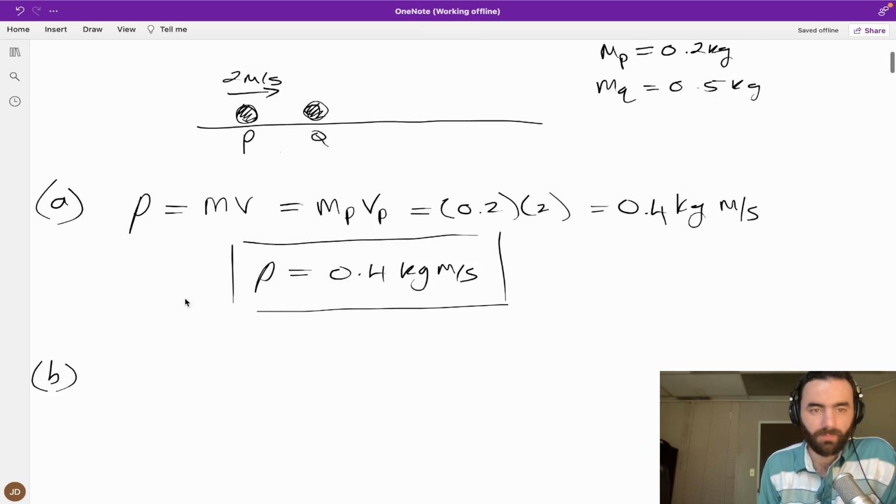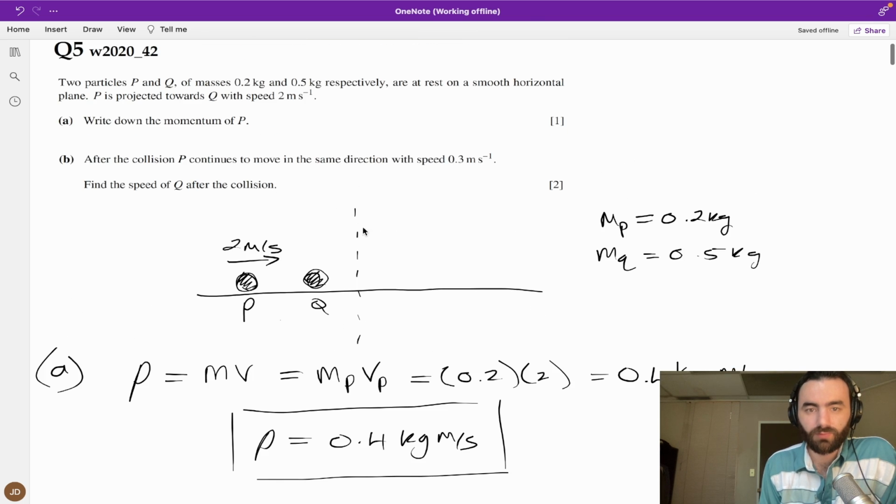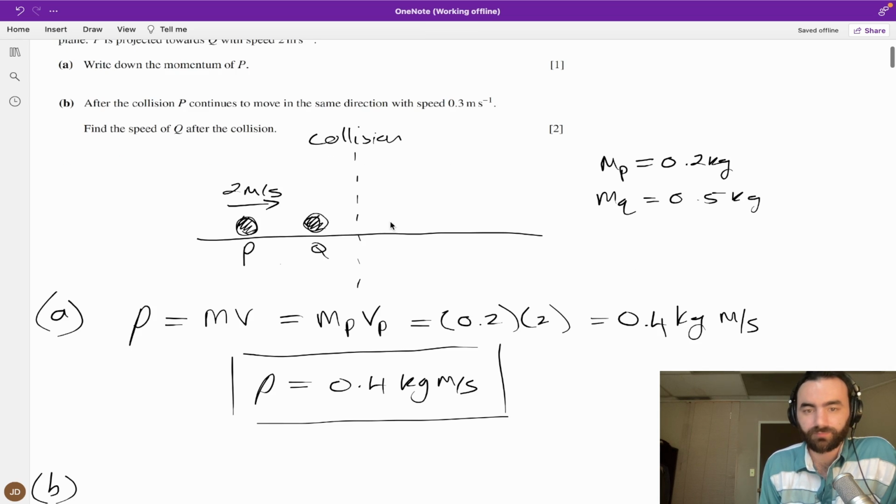B. After the collision, so these things collide. I like to draw a collision line, so this is before and this is after. After they collide, P continues to move in the same direction with a speed of 0.3 meters per second. It's important to take direction into account because it will affect the sign of your momentum.